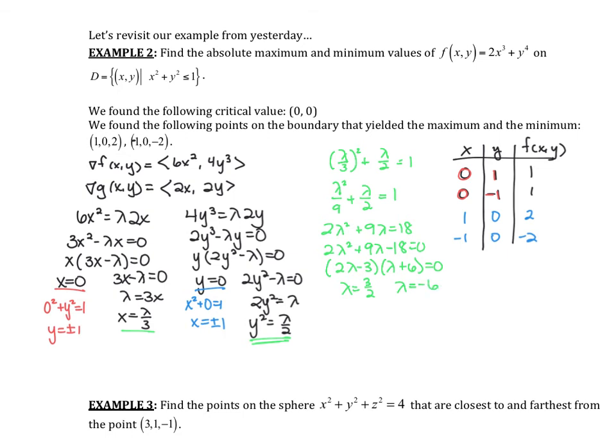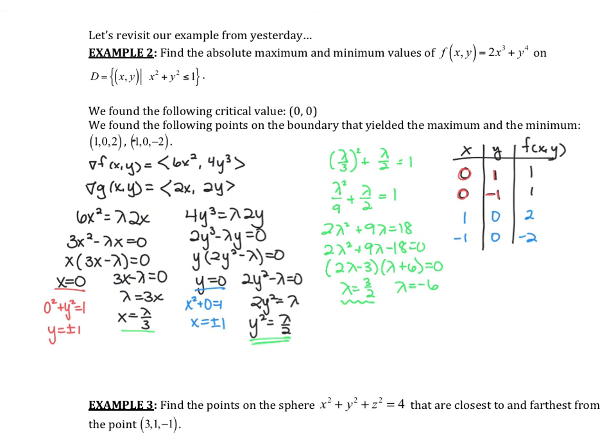Now remember, we're using these to be able to figure out what x and y could also be. And if you look back at your notes from yesterday, you'll see we went through and did this by solving for either x or y in the constraint equation and substituting it into my function. So this is just another method to be able to do that.